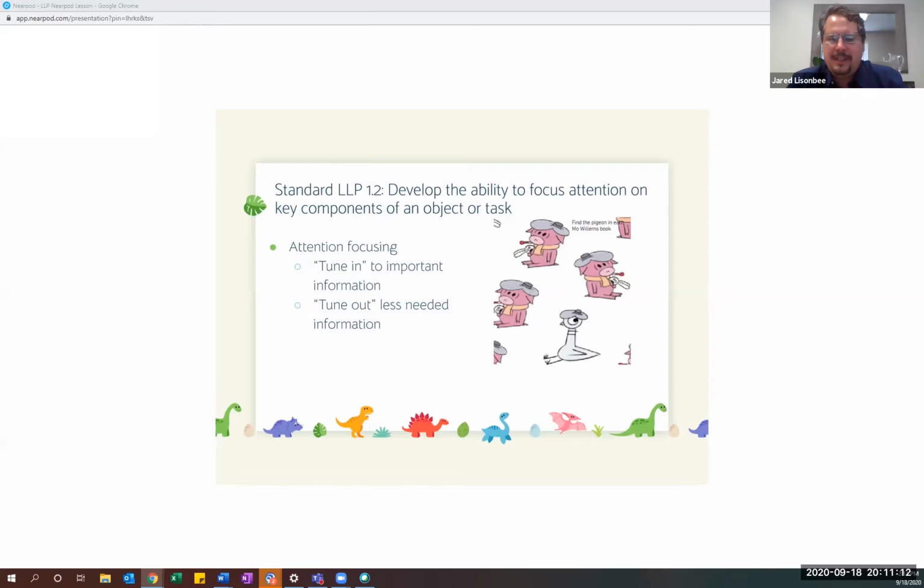But when children get engaged and involved in this and they have the goal of, I'm going to find the pigeon, it's really fascinating to see how they start to look for specific information. Okay, I know what color the pigeon is. I'm going to start looking for things that are just that color. I'm going to tune out things that are pink because the pigeon is not pink like the pig. The pigeon is gray, and the more advanced children that understand gray look for that particular image in the book.